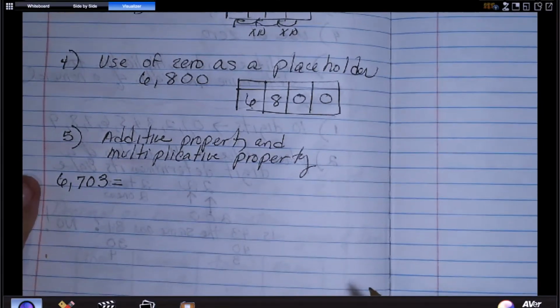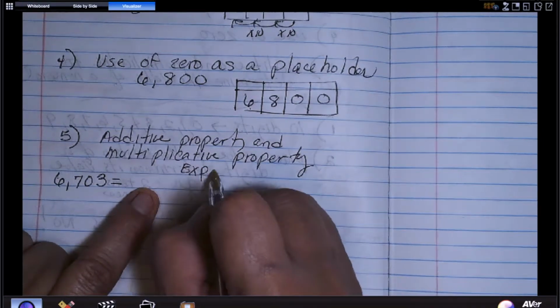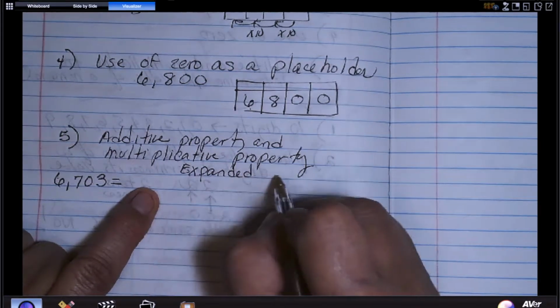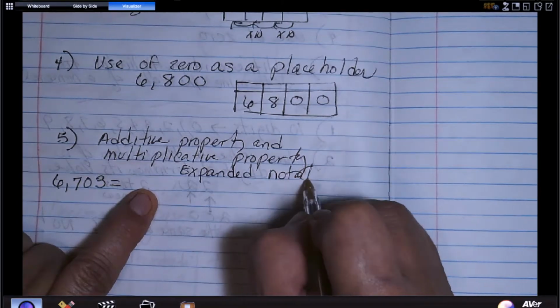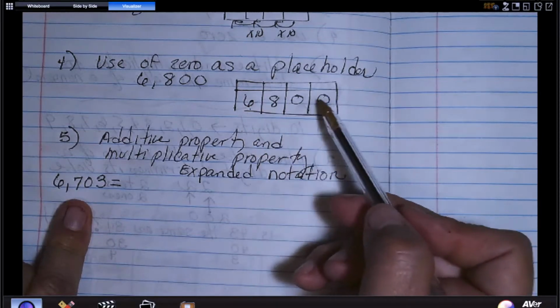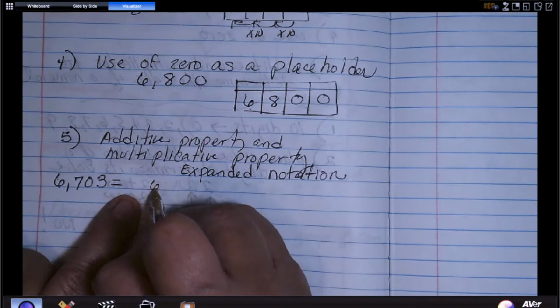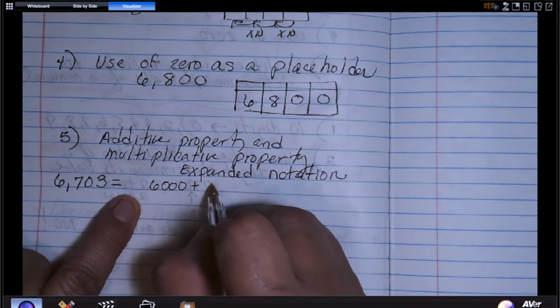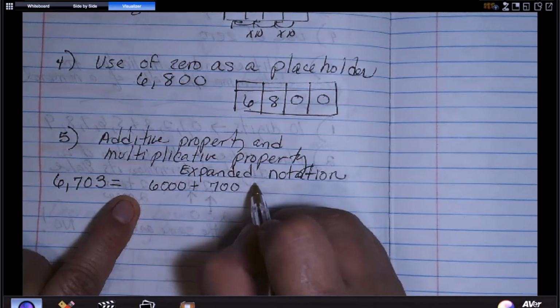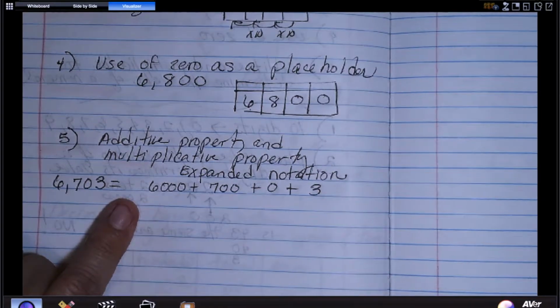If I expand that, so let's look at expanded notation. In expanded notation, looking at my place value chart, that would be 6,700, no tens, and 3 ones.